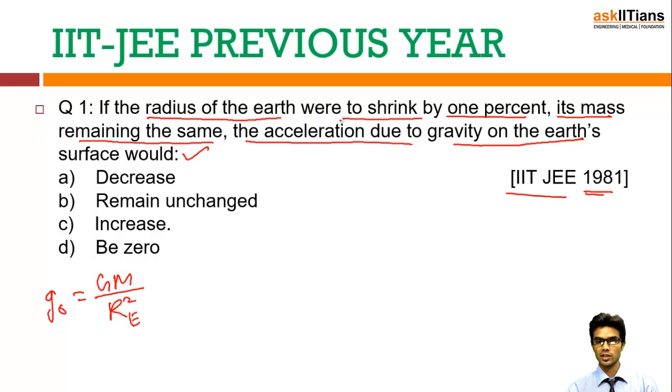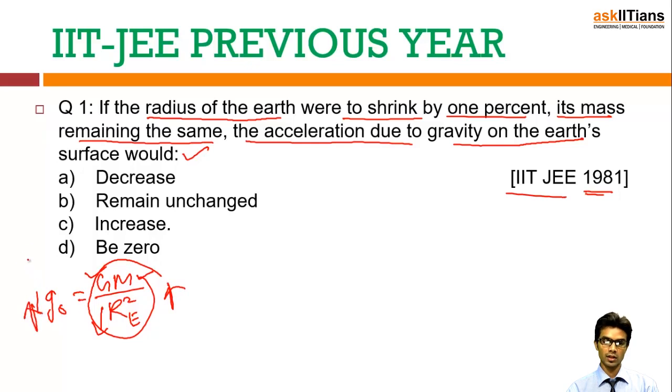According to the question, the radius of the earth is decreasing by 1%, and its mass remains the same. So mass is constant and G is already constant. If R decreases, the denominator decreases, which means the overall value increases, that is g0 increases.